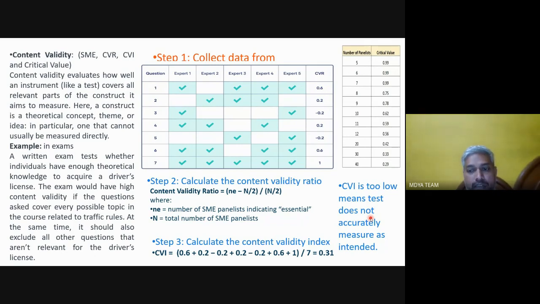So it is okay. The critical value is already decided by the researchers. What we need to do is identify the CVR, and on the basis of CVR, identify the CVI. Whatever our CVI is, we need to compare it with the critical value. If it falls within this, we can take that questionnaire as perfect to measure what we intended to measure. Clear?